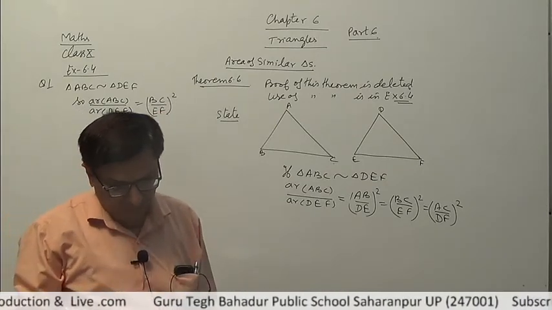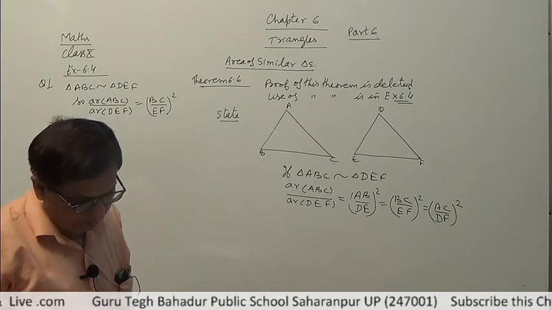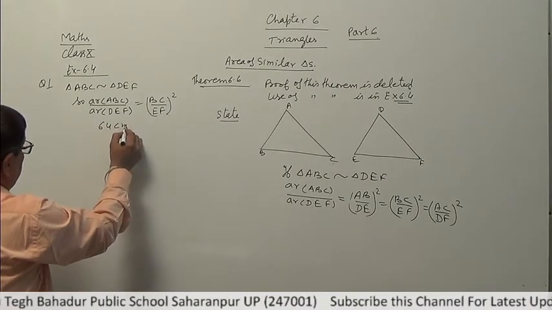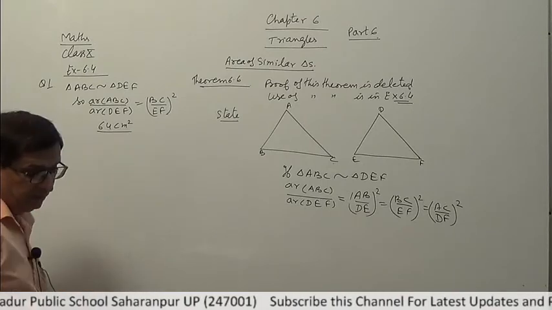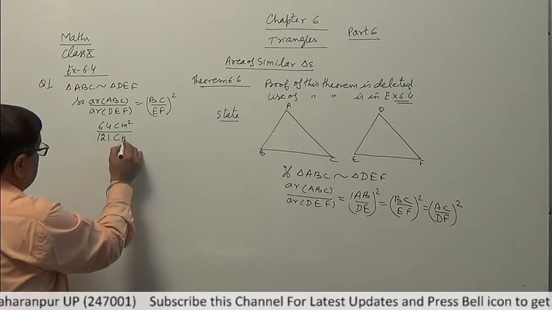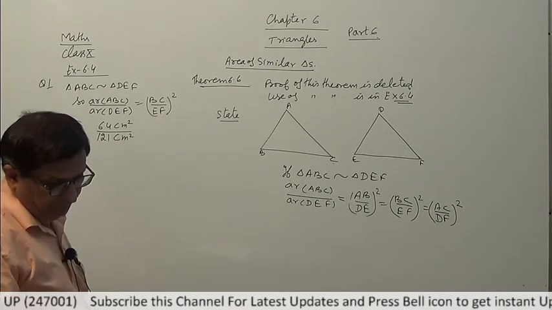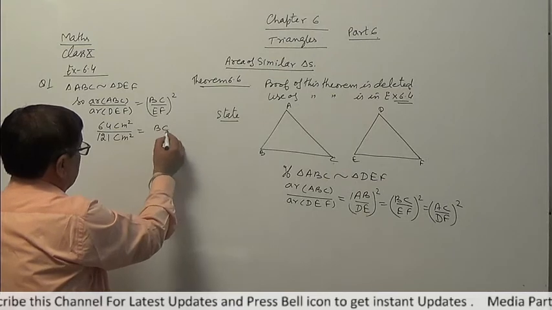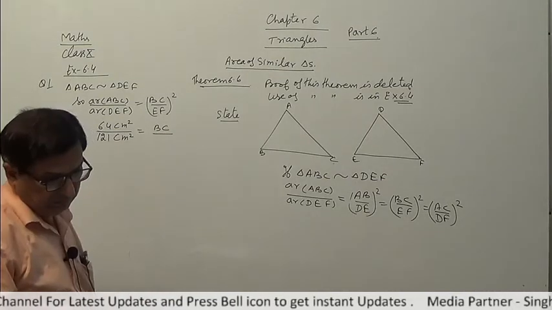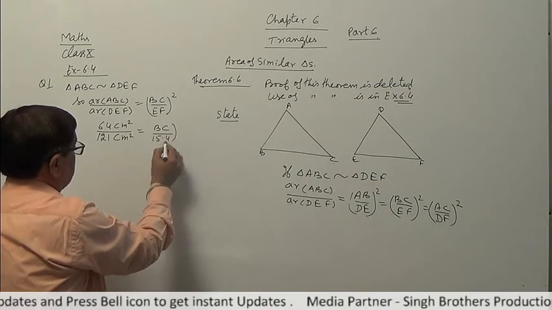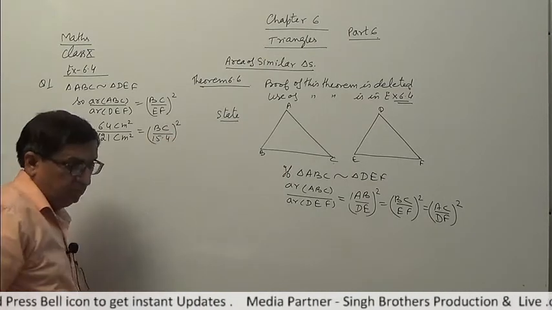Putting the values, area of triangle ABC is 64 centimeter square, area of triangle DEF is 121 centimeter square. Given that EF is 15.4, that is the whole square.